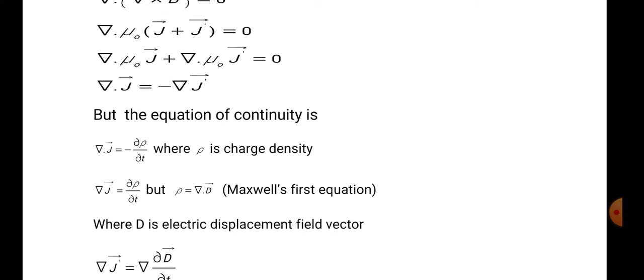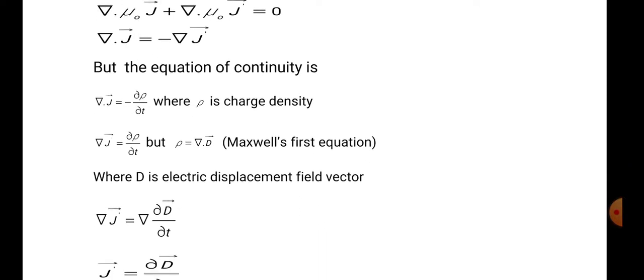But the equation of continuity is divergence of J bar equal to minus del rho by del t, where rho is the charge density, which you already know. So divergence of J dash bar is equal to del rho by del t.